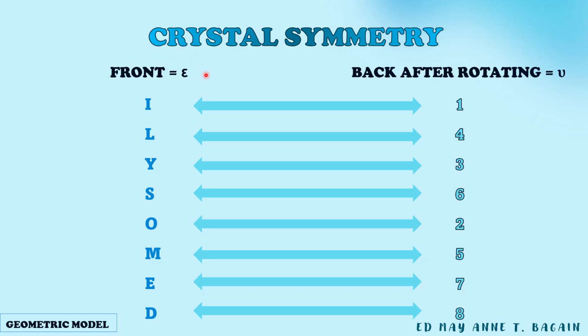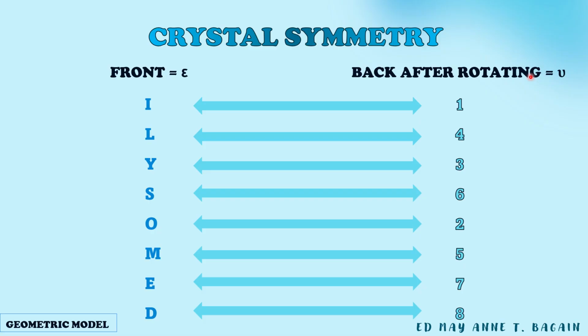We have here the epsilon, and for the back we have here the upsilon. So for this project I will use epsilon and upsilon. For front moves we'll use epsilon, and for the back moves, upsilon.